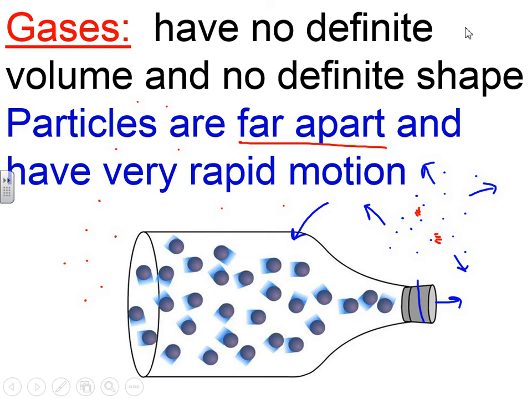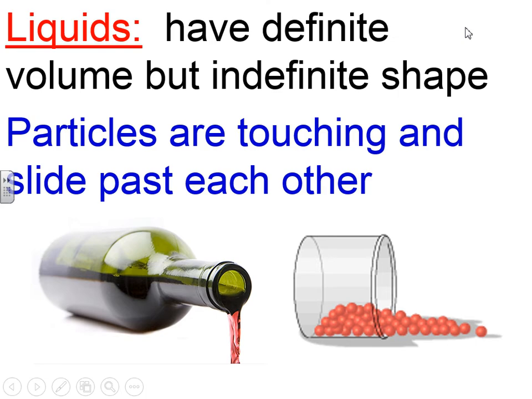And that's for gases. Now, liquids, on the other hand, have a definite volume, but no definite shape. So what this means is that if you have a liquid in a bottle, like here, you can actually measure the volume of this bottle. Maybe it's 0.5 liters, but there's no shape. In fact, if you tip the bottle on the side, the shape of the liquid changes.